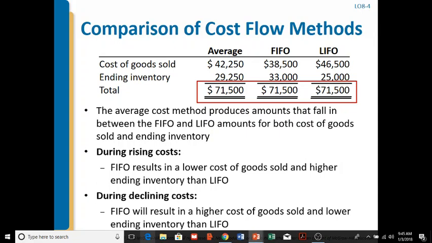Now, as far as average cost, the cost of goods sold amount as well as the ending inventory are always going to fall somewhere between FIFO and LIFO. In times of declining costs, the effects are just the opposite.